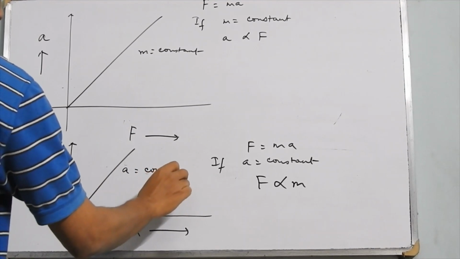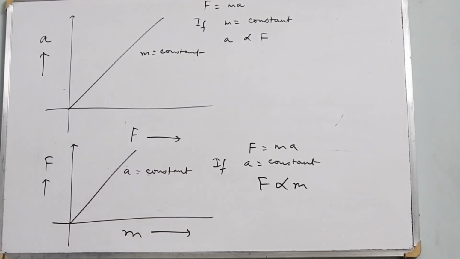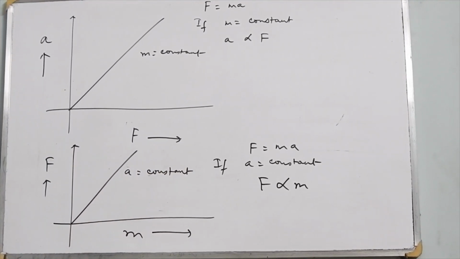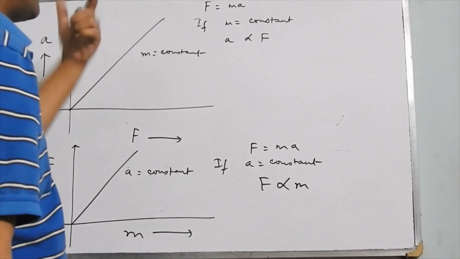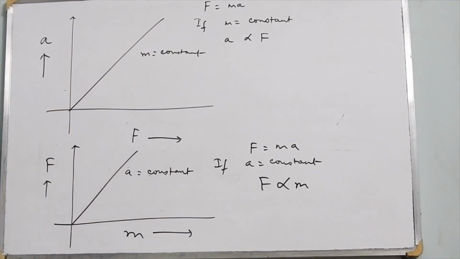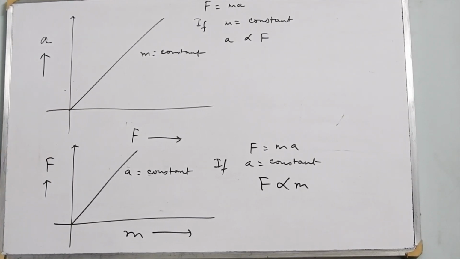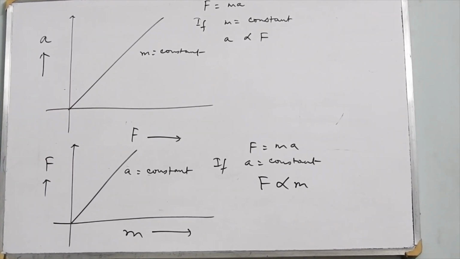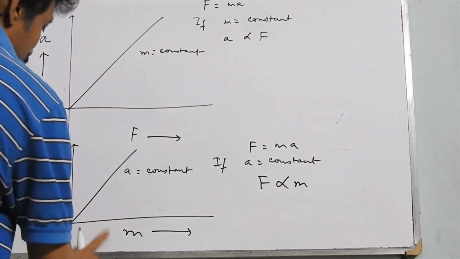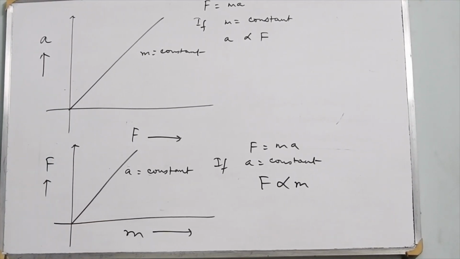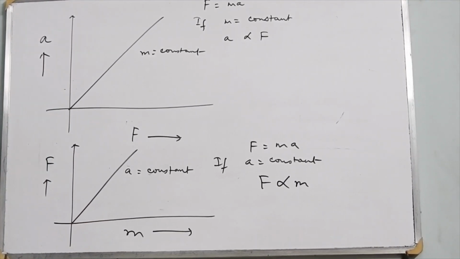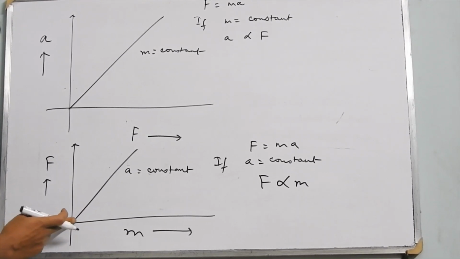Now this is just a comparative study on objects of different masses, and in the previous case on the same type of objects whose mass is the same, but we are applying different forces that produce different acceleration. Now, in this case, this graph should not in reality pass through the origin, because if it passes through the origin, it means that there is no mass.